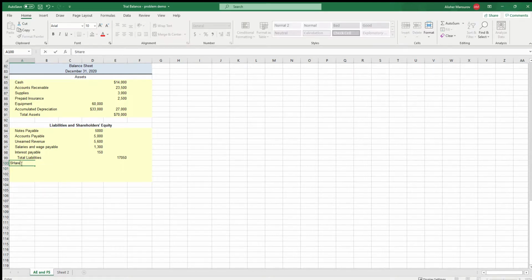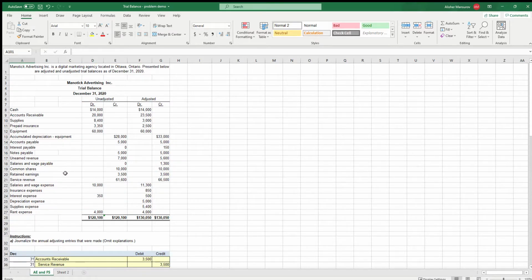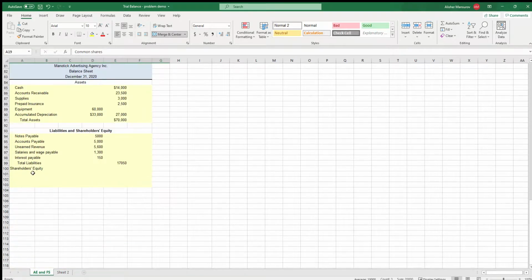Let's do shareholders' equity. And here we will look at things like common stock, if they have any common stock, and the company does have common shares, and we can see it here. The balance there is $10,000. So let's put it here.